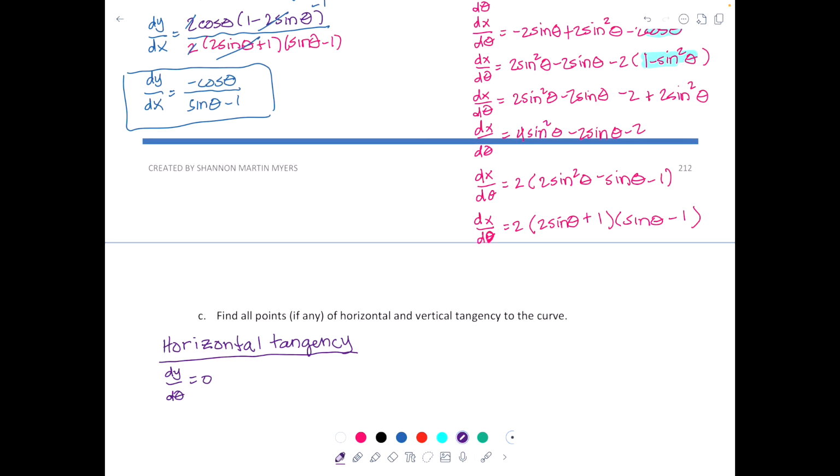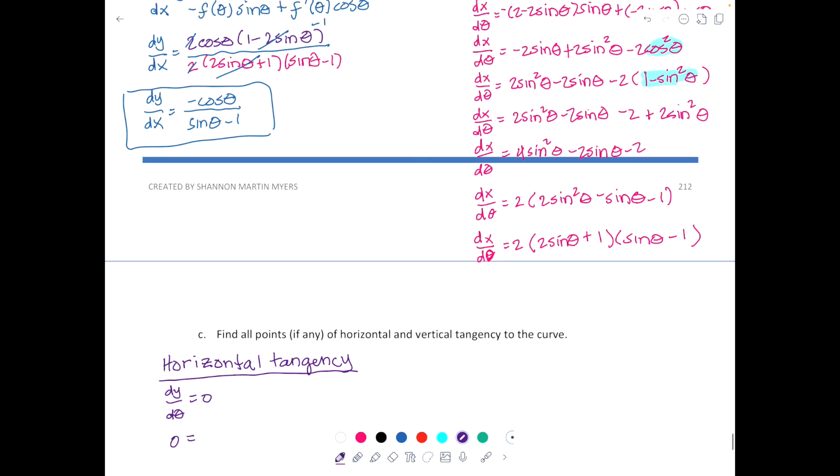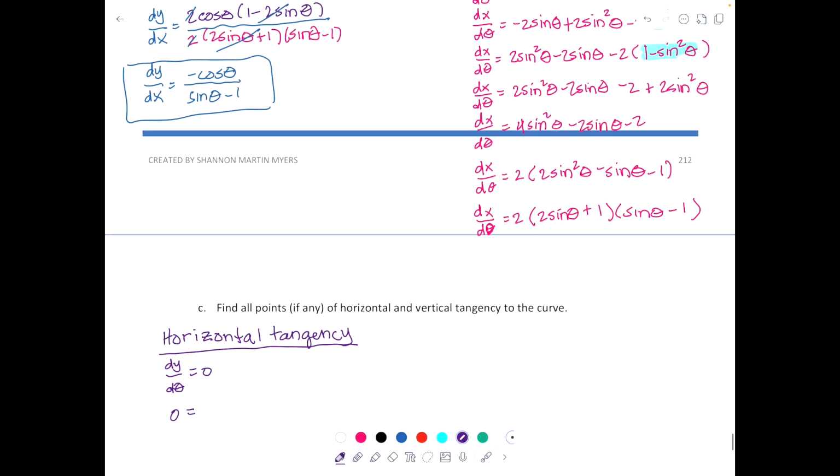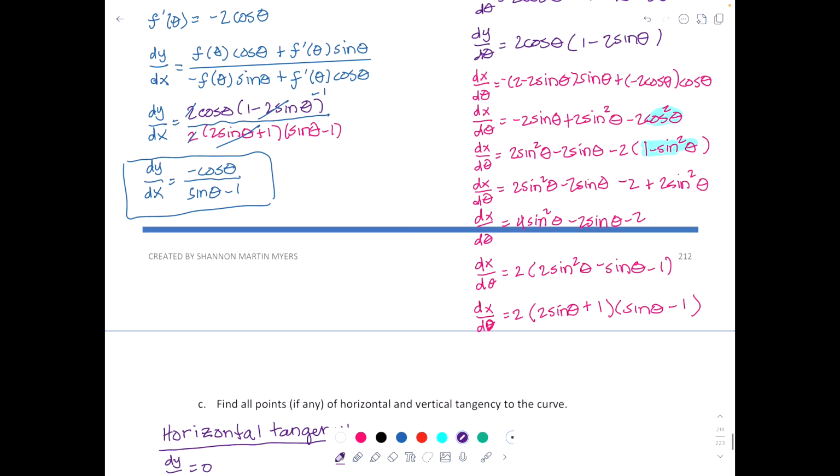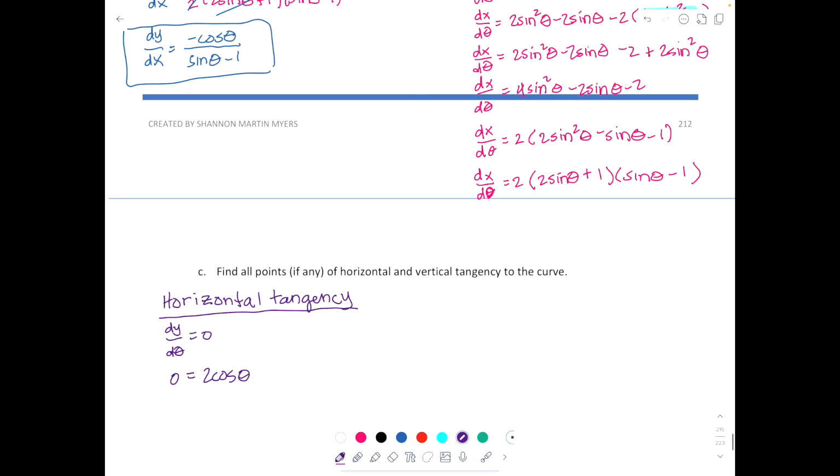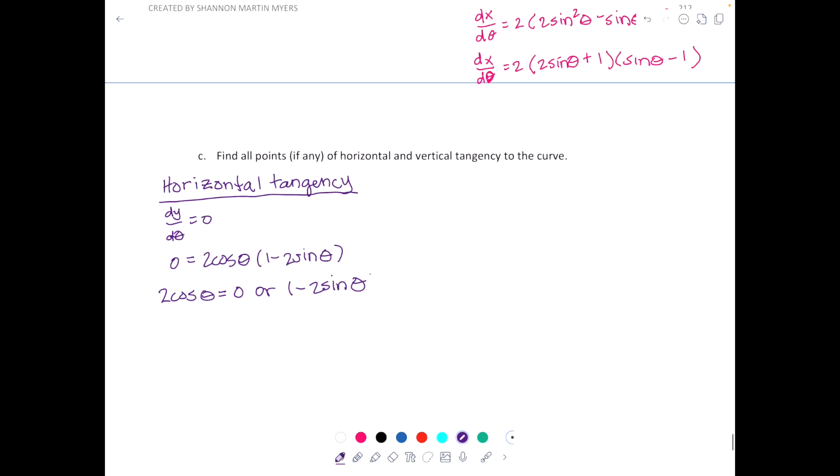So dy d theta, setting that equal to 0, we had 2 cosine theta times 1 minus 2 sine theta. So either 2 cosine theta is 0, or 1 minus 2 sine theta is 0. I don't need the parentheses, sorry.